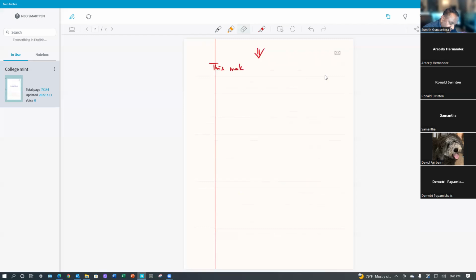I'm referring to the repeated measures design.